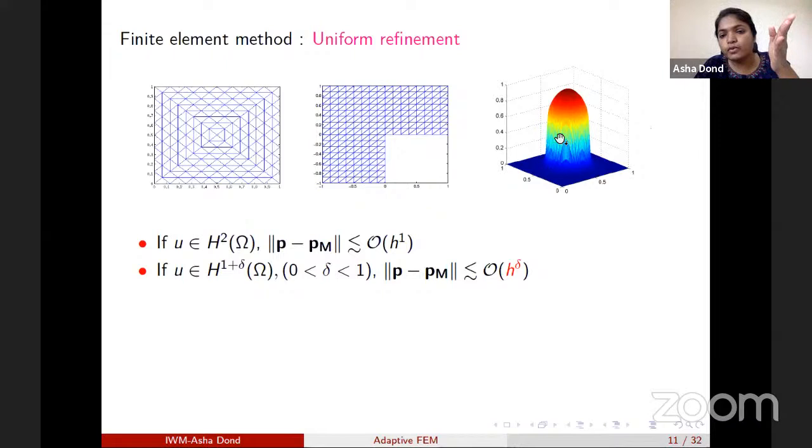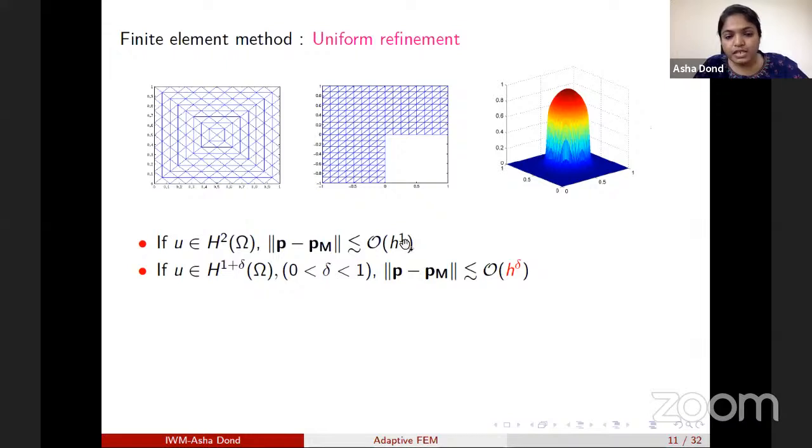To get a good approximation, we have to refine the mesh too much. Specifically in an L-shaped domain, when the function has less regularity, that is 1 plus delta with delta strictly between 0 and 1, we will get only h raised to delta convergence rate, while in the smooth case, we get h raised to 1.